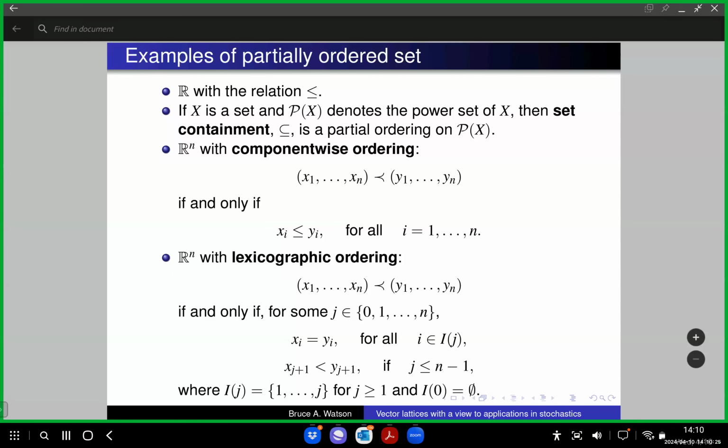So that is, if you like, alphabetical type ordering, or lexicographic ordering. And that gives you a different partial ordering on the reals.